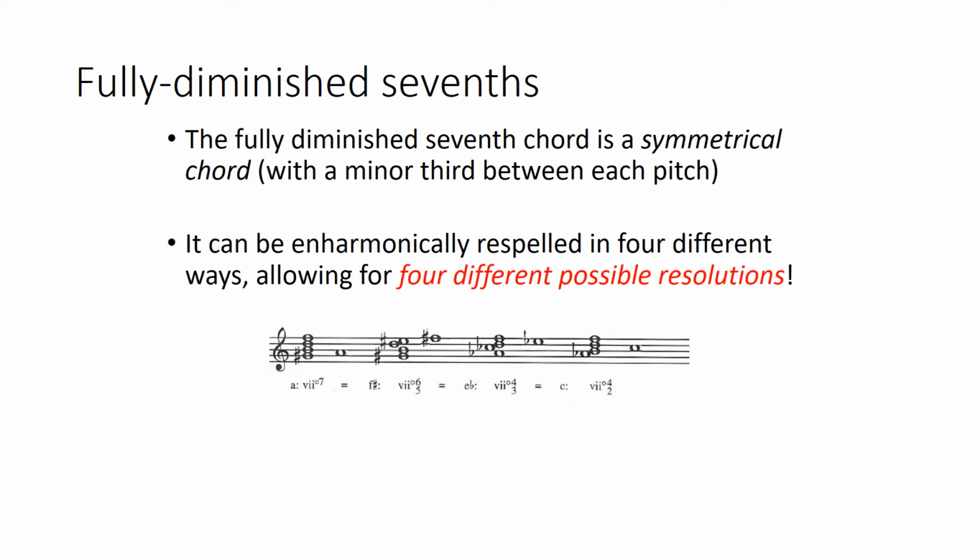Now, if we spelled it, now switching to flats, as D, F, A flat, C flat, now D is the leading tone to E flat minor. Let's go back and do it one more time. Now if we do B, D, F, A flat, respelling it one last time, the B is the leading tone to C minor. Listen to all of those again.